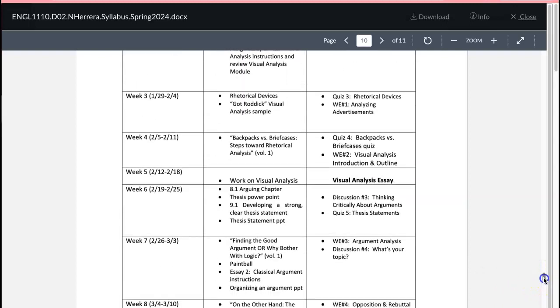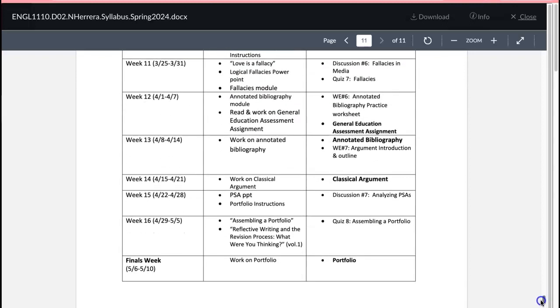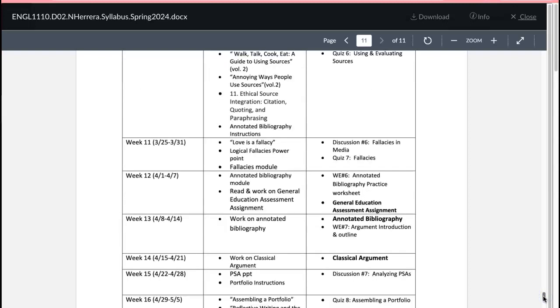And the syllabus is complete, so you can see what we are doing all the way till the end of the semester, just like with the modules. So let's say you're going out of town and you need to plan something out, but I haven't posted the announcement for that yet because it's next month. You can definitely go ahead and look at the syllabus to see what we are doing that week, and that way you can try to get ahead.